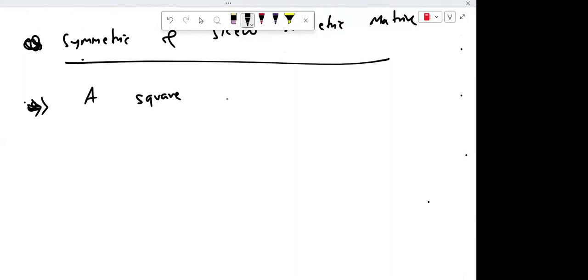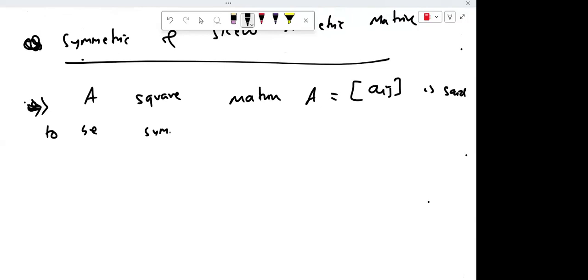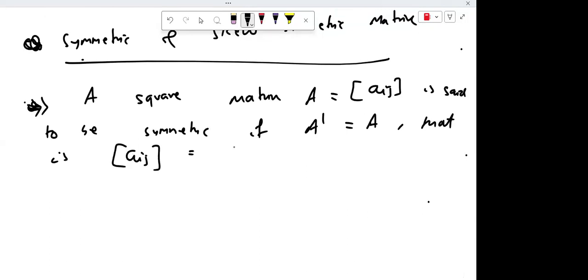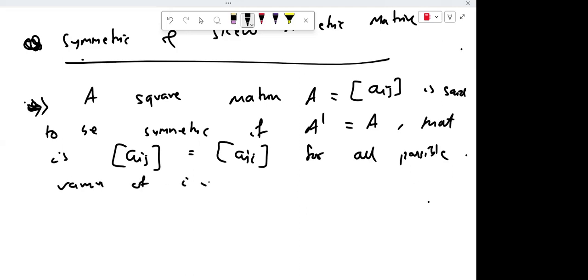A square matrix A equals to Aij is said to be symmetric if A transpose is equal to A, that is Aij is equal to Aji for all possible values of i and j. That means if you take the transpose also, it will be the same.